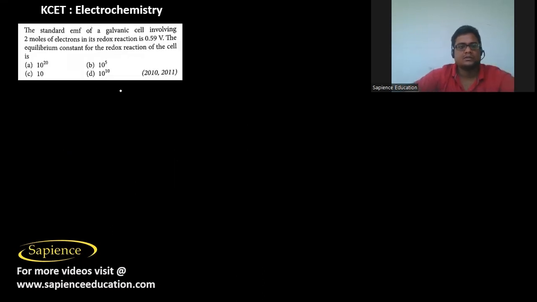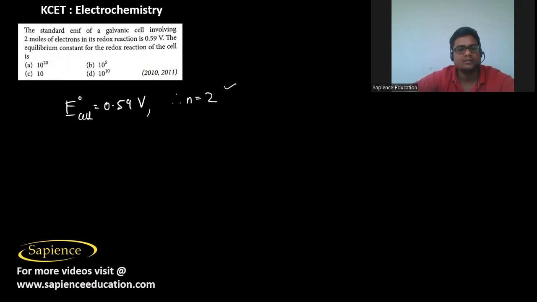Then here it is told the standard EMF of a galvanic cell involving 2 moles of electrons in its redox reaction. The standard EMF, which is E naught cell, is given as 0.59 volts, and in the redox reaction it involves 2 moles of electrons, so n is equal to 2 only.